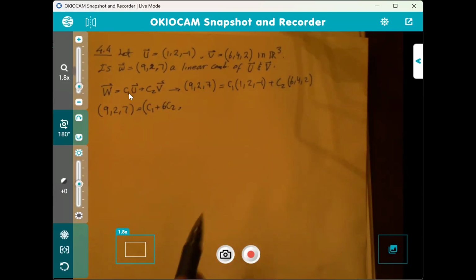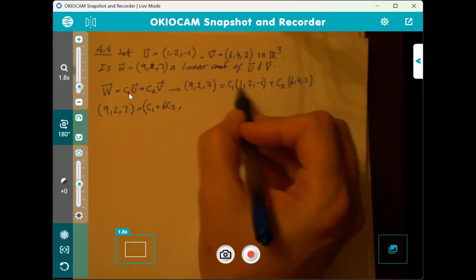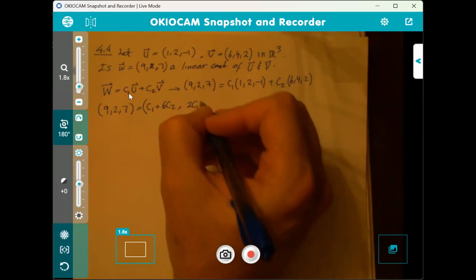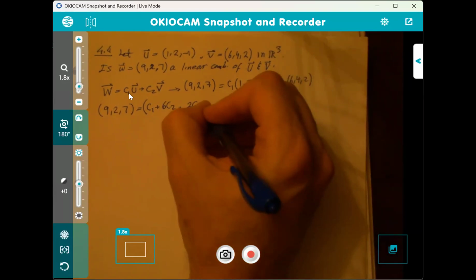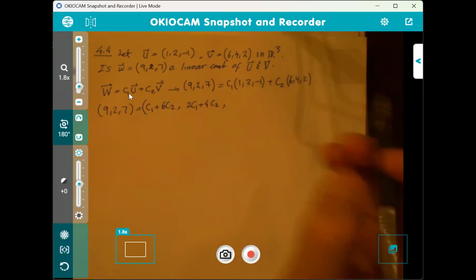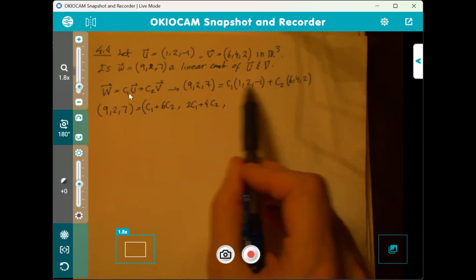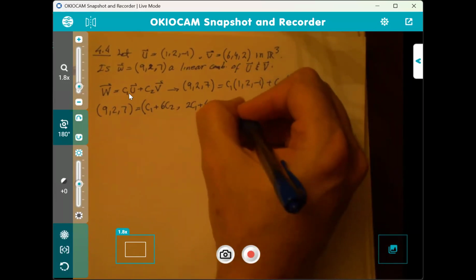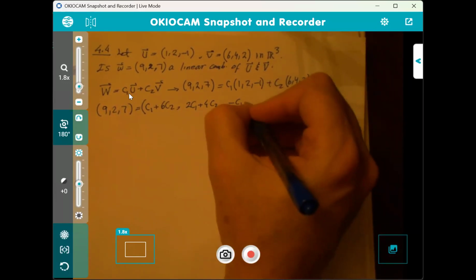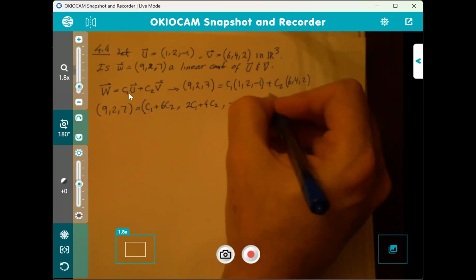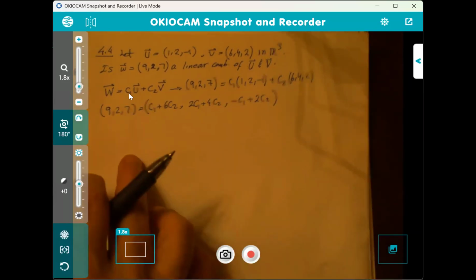The second component is going to be 2c1 plus 4c2. And the last component is going to be -c1 plus 2c2. Okay, so there you have those.